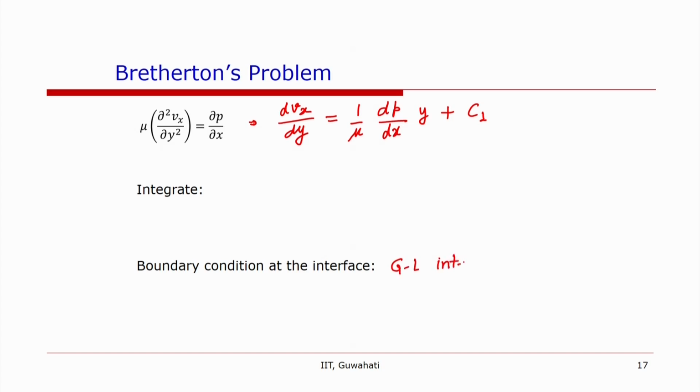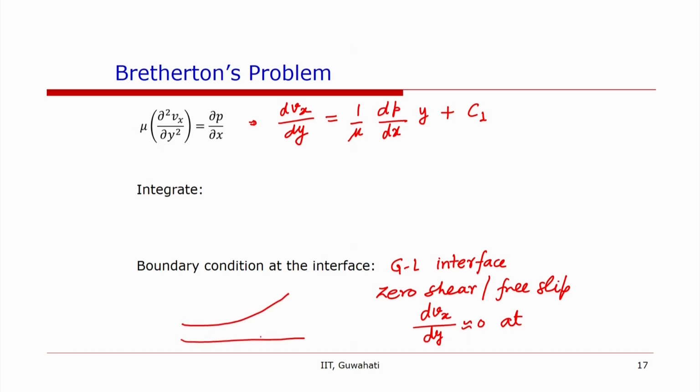So we will have a zero shear boundary condition, or what we call the free slip boundary condition, which means that the shear of the gas at the liquid phase is negligible. So dVx over dy is almost equal to 0 at the interface.